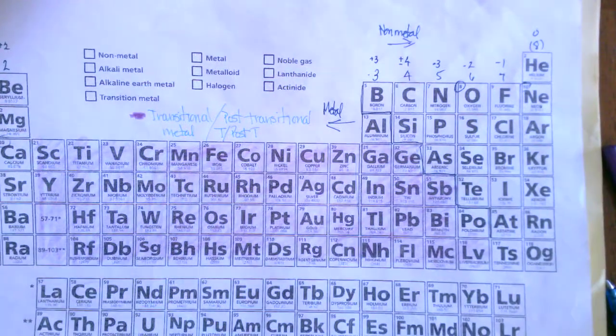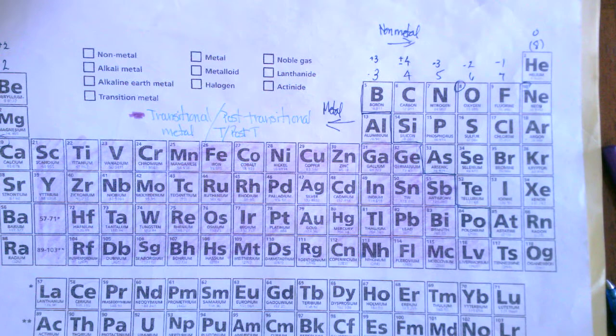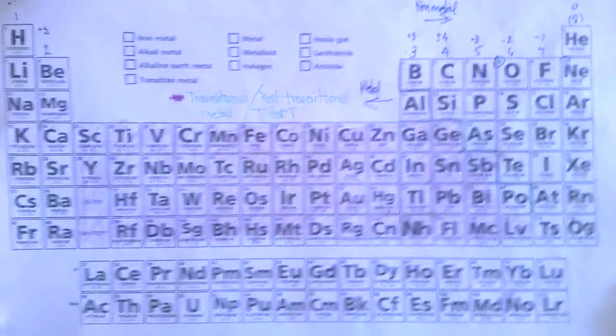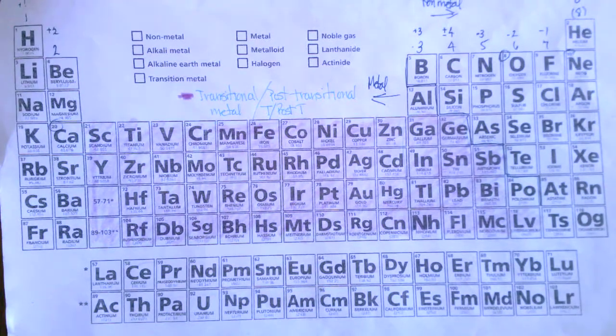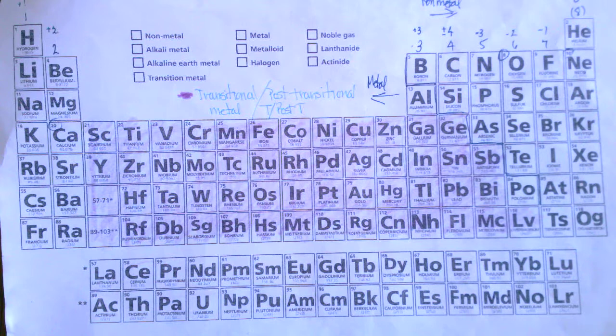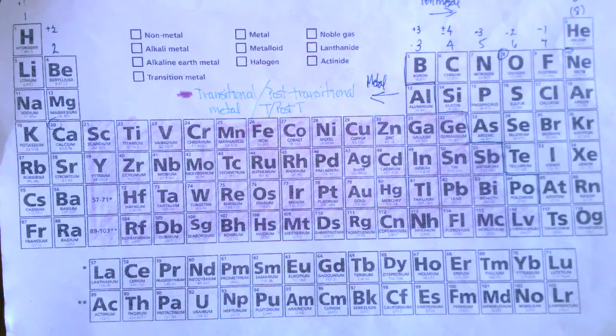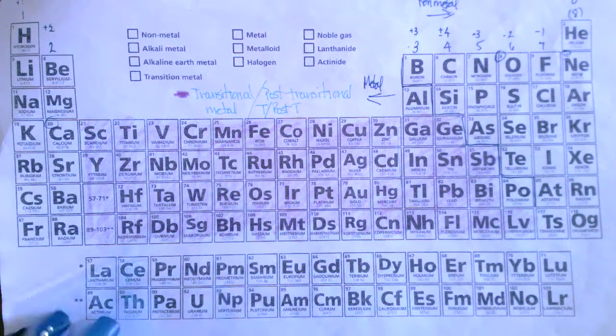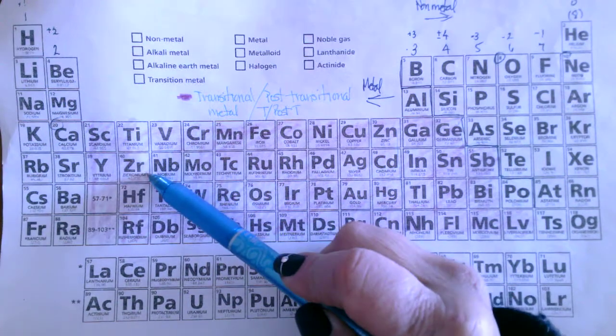You want to make sure that you can look at a periodic table and say right away, this is a regular metal or this is a transitional, post-transitional metal. Let's go over this pretty quickly here. I'll ask and you mentally identify which one it is, regular or transitional, post-transitional. Let's say, for example, I'm talking about zirconium.